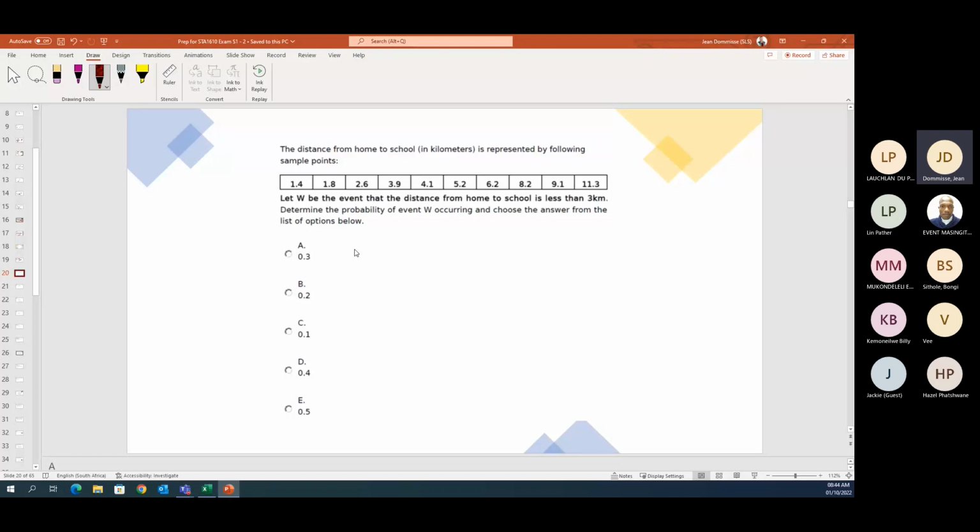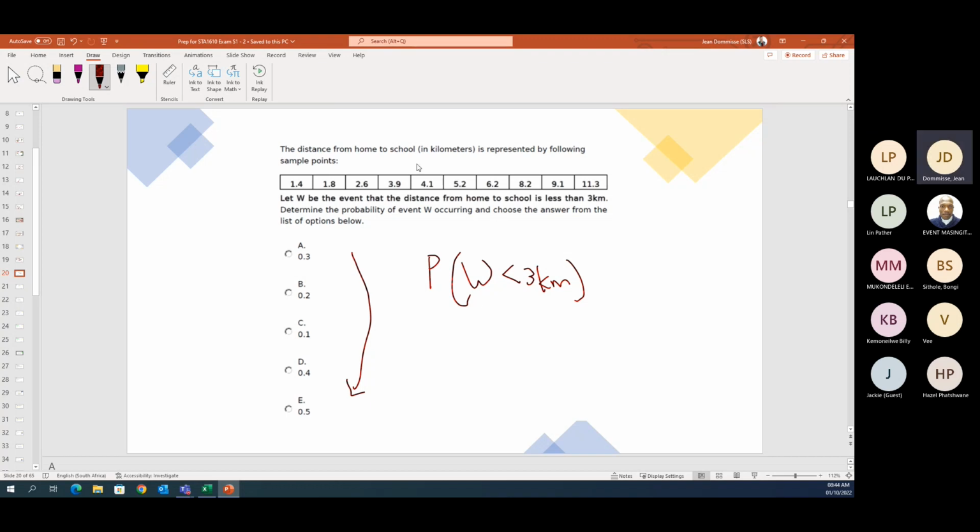So for this instance, let W be the event that the distance from home to school is less than 3 kilometers. So we'll see now what the probability is that we will need to work out. Determine the probability of event W occurring and choose the answer from the list of options below.